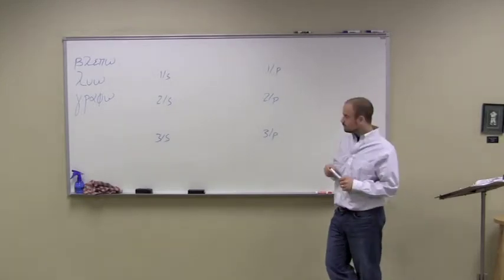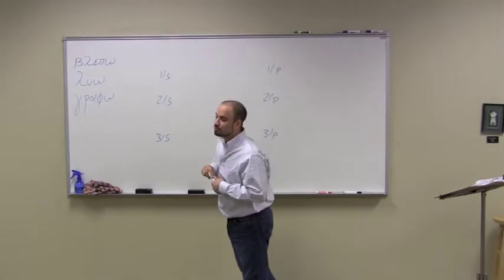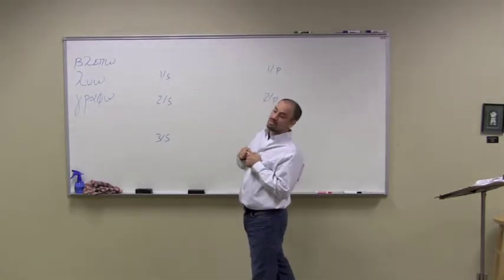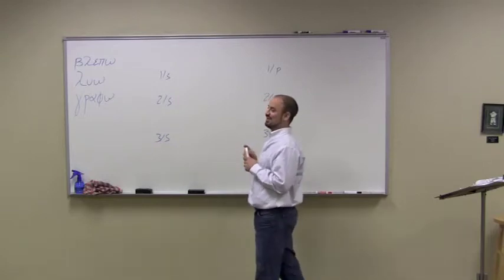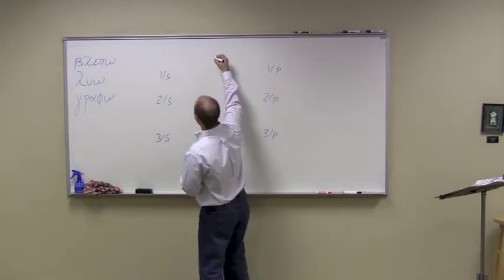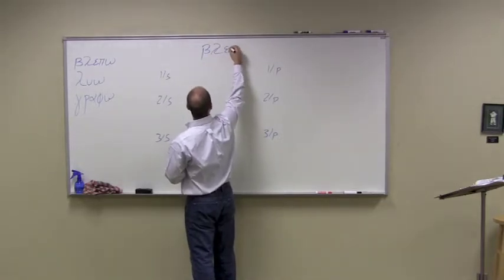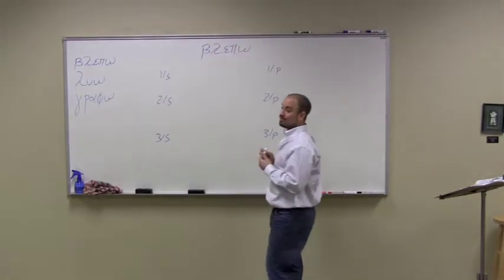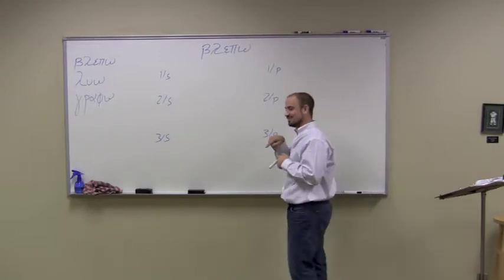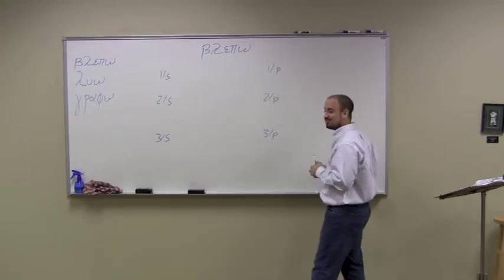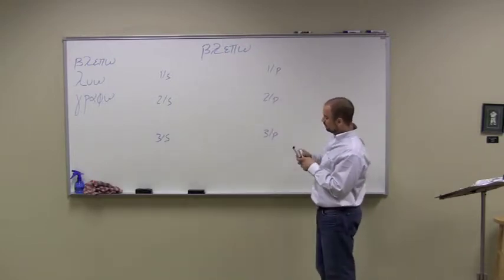This doesn't mean we're going to diagram sentences in Greek. There is an entire branch of study that does diagram sentences in Greek, but I'm not expecting that of you. But knowing how Greek works might actually teach you how English works as well and allow you to diagram English sentences in a way that you were never able to before. So blepo means I see.